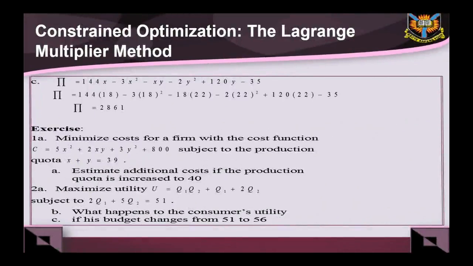Maximize utility U equals Q1 times Q2 plus Q1 plus 2Q2, subject to 2Q1 plus 5Q2 equals 51. B. What happens to the consumer's utility if its budget changes from 51 to 56? This is the end of study session 10.